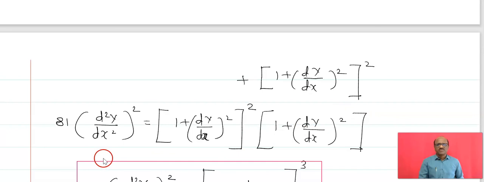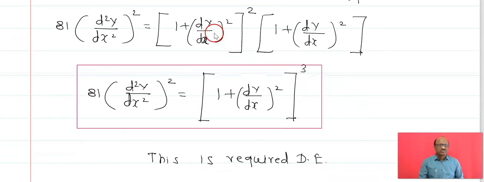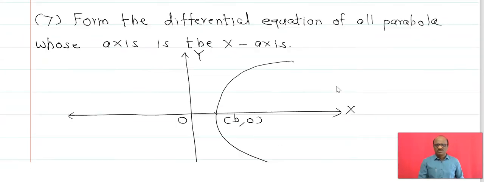This is the big equation, and therefore you will get 81 (d2y by dx square) whole square equals (1 plus (dy by dx) whole square) whole square into (1 plus (dy by dx) whole square). The square and the single power will become a cubical term, that is 81 (d2y by dx square) whole square equals (1 plus (dy by dx) whole square) to the power 3. This is the required differential equation.